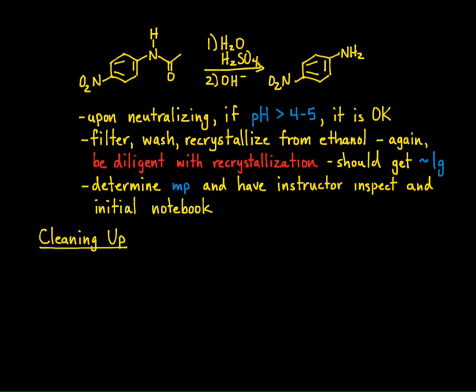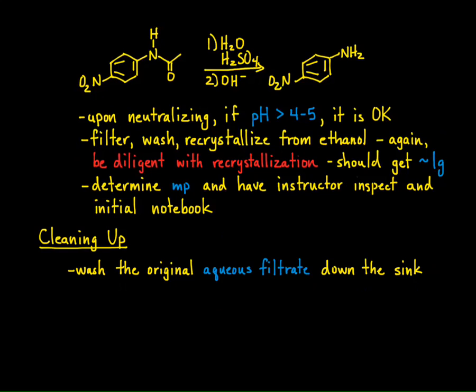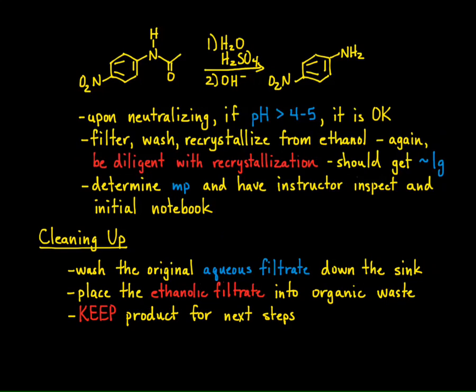To clean up, wash the original aqueous filtrate from the reaction mixture down the drain. Place the recrystallization filtrate into the organic waste. And remember to keep your product, again, for the next period.